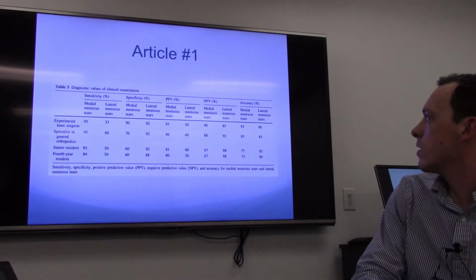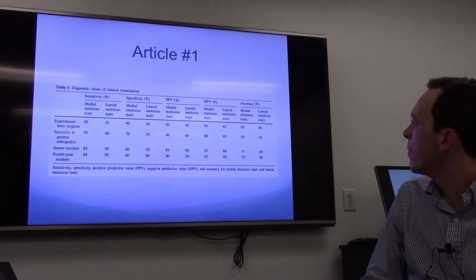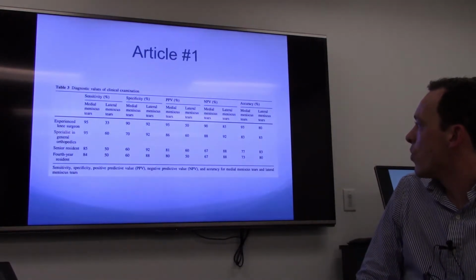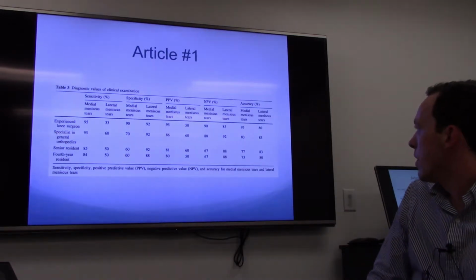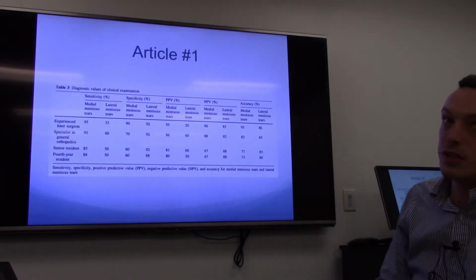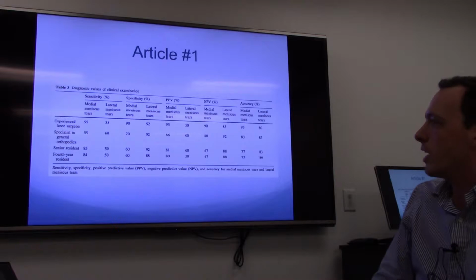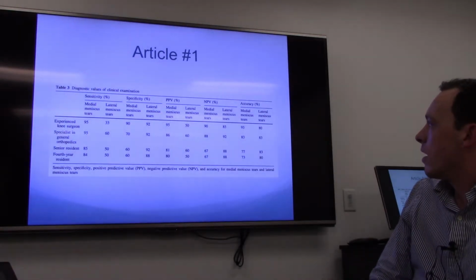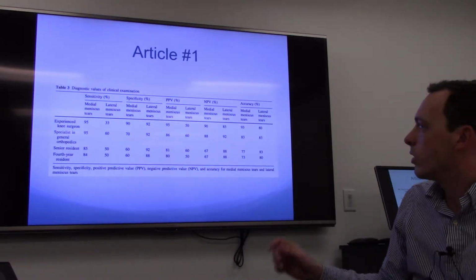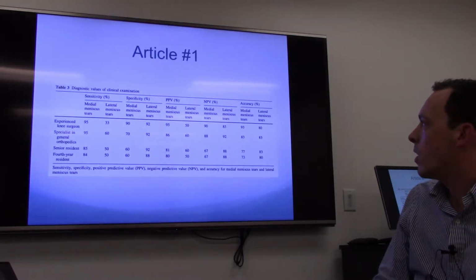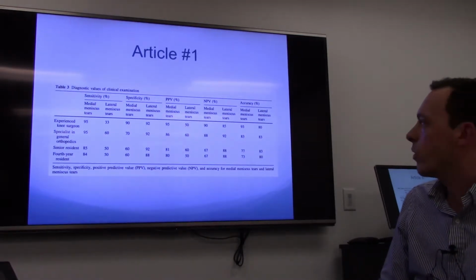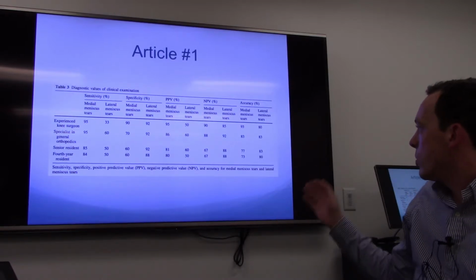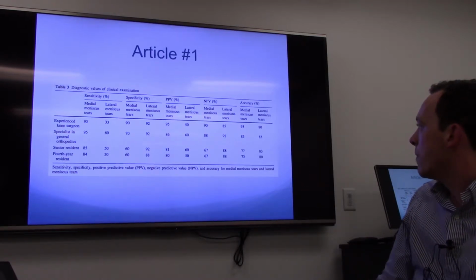And so these are the results. They focused on the last column, which is accuracy, and I'll talk a little bit about accuracy as a statistic in a couple slides. In our previous lectures, we talked a lot about sensitivity, specificity, positive predictive value, and negative predictive value, so I won't get too into that, but you can see the statistics here.